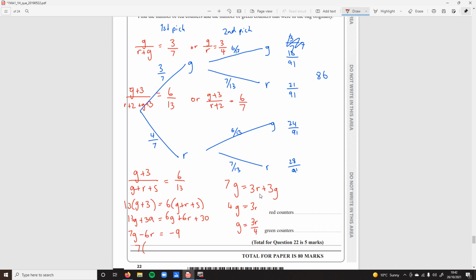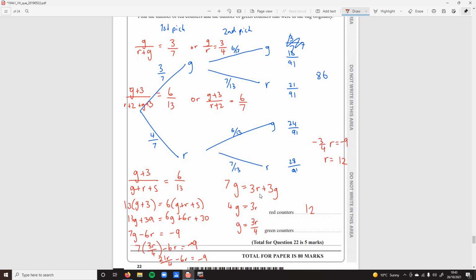So then if you do 7 lots of 3R over 4 minus 6R equals minus 9. So 21R over 4 minus 6R equals minus 9. 21 over 4, quick calculator, 5.25 minus 6 is minus 3/4, so minus 3/4 R equals minus 9, so R equals minus 9 divided by minus 3/4, which is 12.